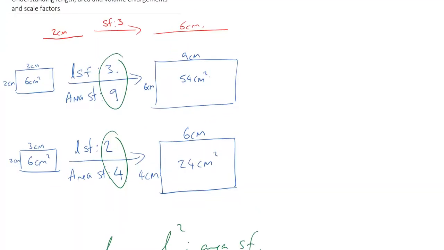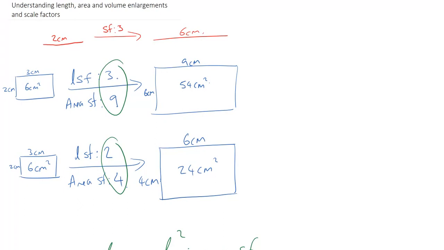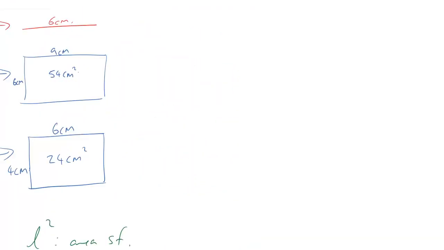Okay, but we can extend this even further. Let's think now about volume as well. So let's start off a brand new example. Let's think about a cube, perhaps. So we'll start off with a square. Let's say this square is 3 centimeters by 3 centimeters this time. And we are going to have a cube.